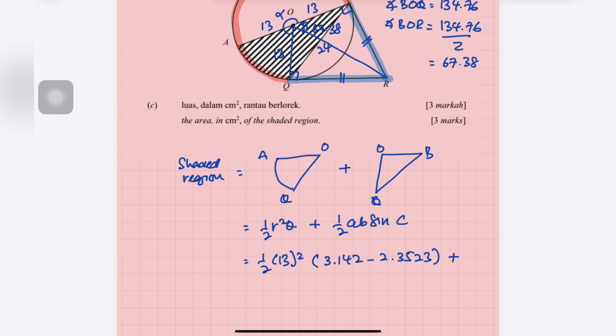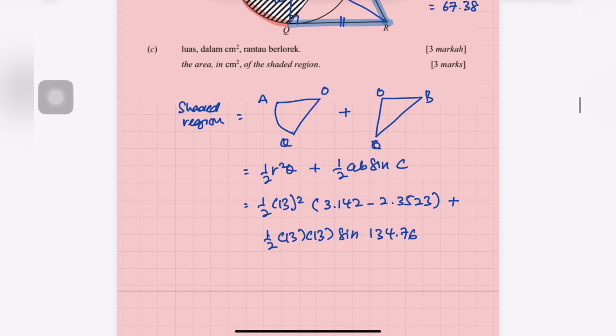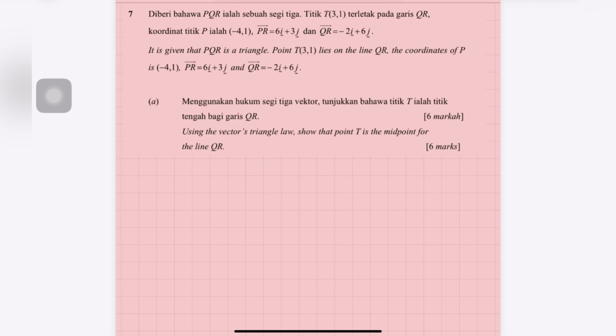Okay, plus dengan area of triangle is 1/2 times 13 times 13 sin in degree 134.76. So the final answer will be 126.73 centimeters squared.